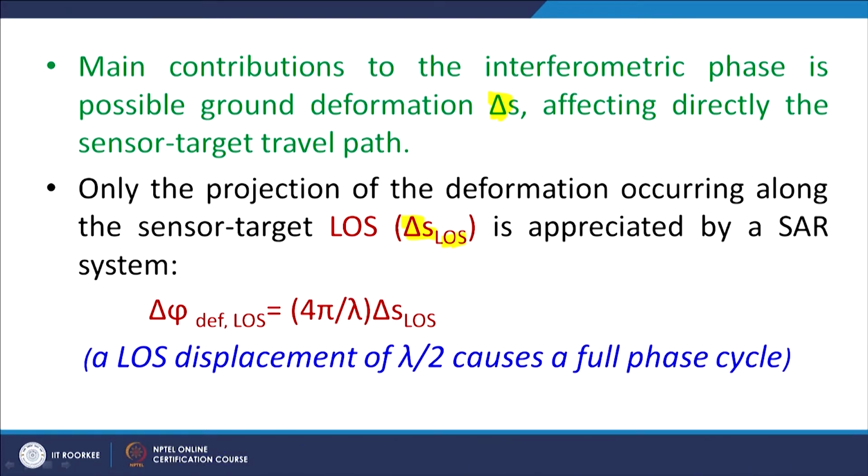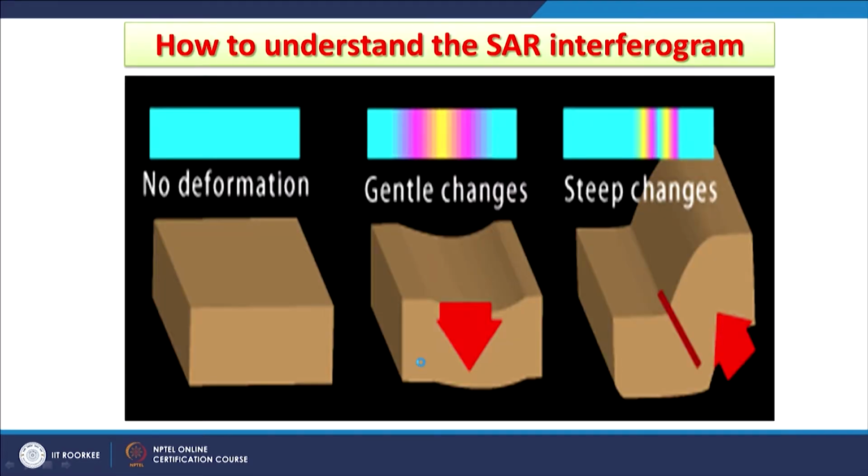Now this LOS, or line of sight displacement of half of the wavelength, causes a full phase cycle. For example, in this example, when no deformation is there, like in this one on the left image, then no fringes will be observed in the interferogram. But if some gentle deformation has occurred, in this case subsidence, this is the pattern which we will see.